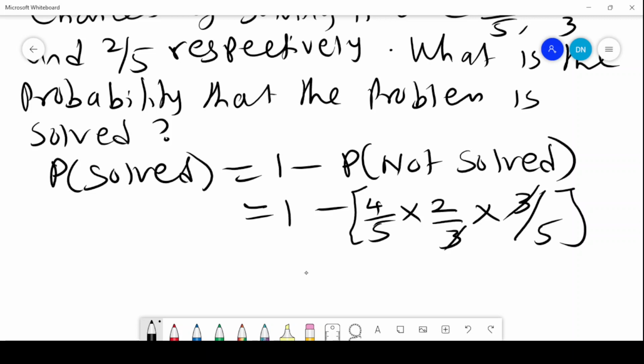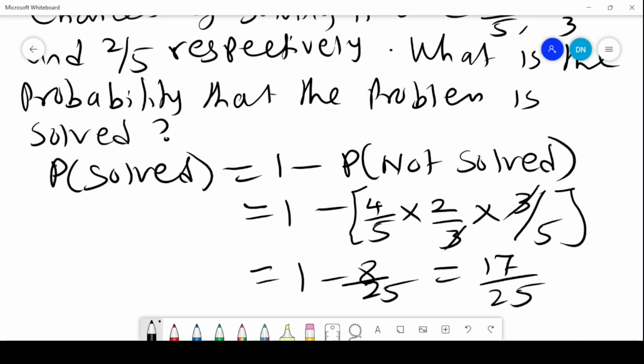And therefore when we cancel, it will be 1 minus 8 over 25, which is equal to 17 over 25. So there is a 17 over 25 chance, or if you wish we can write it, there is a 68% chance that they will solve the problem.